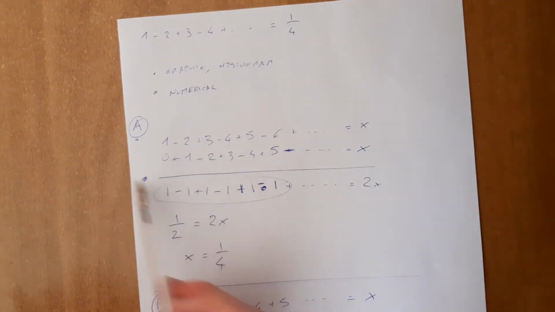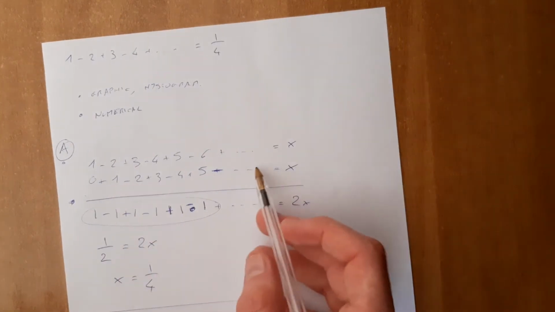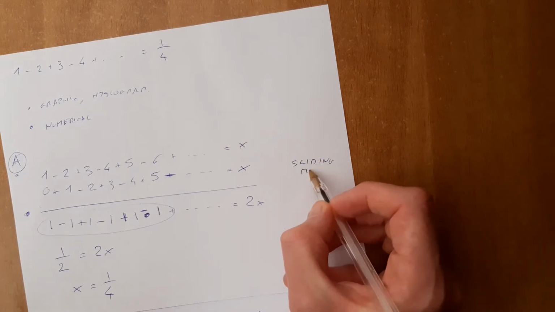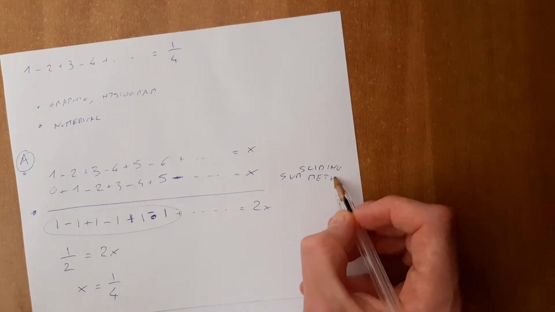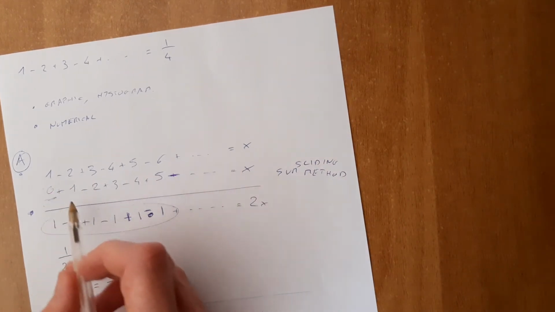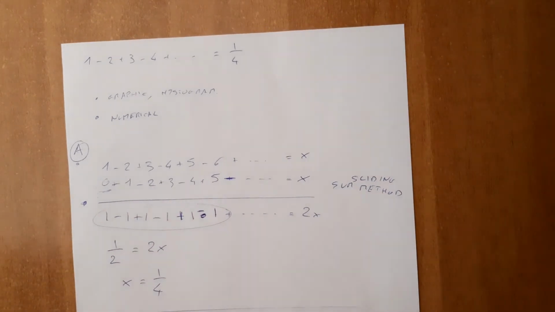This is the most important, and we can notice this is the sliding sum method, with a 0 in the first place.